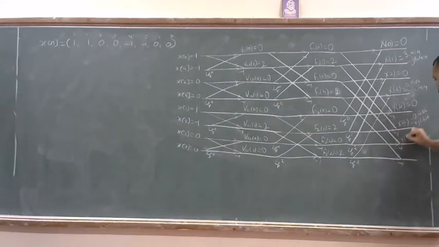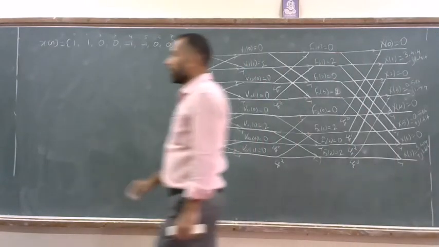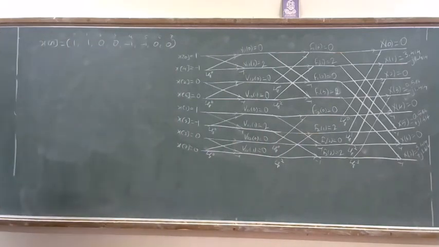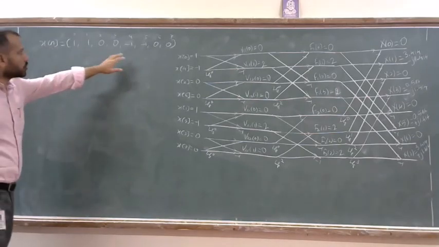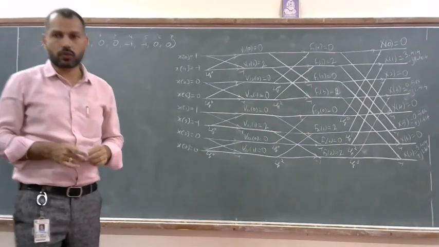Next, x of 6 will again be 0 minus 0, whose value will be 0. And the last value, x of 7, will be the conjugate of the second term, which will be 3.414 plus j 1.414. So this is the 8-point DFT of the given discrete time sequence x of n: 1 1 0 0 minus 1 minus 1 0 0.